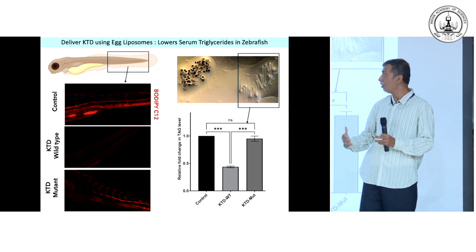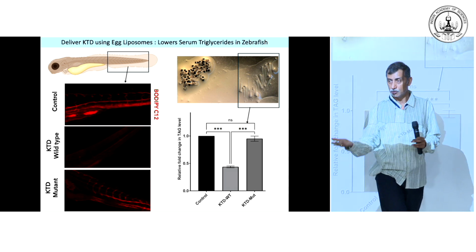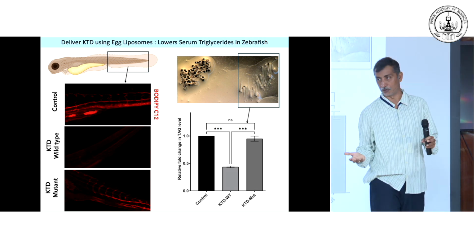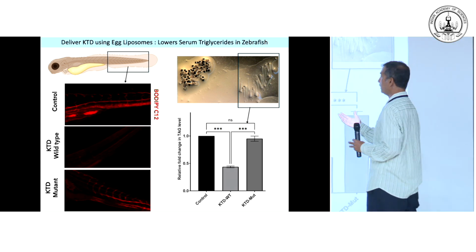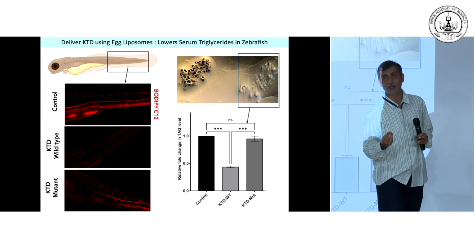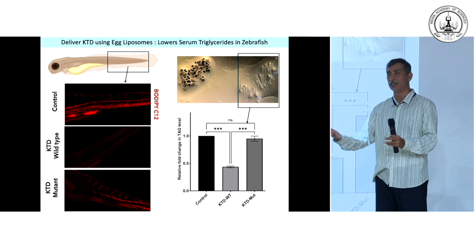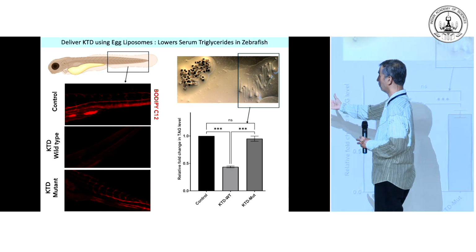Now when these larvae are swimming around in the water, we feed them the liposomes. The larvae will happily eat the liposomes, because it's energy for them and phospholipids, and in that process, the fatty acid, the fat that you have delivered to these larvae, also enters the body. This is a way of delivering this kinesin tail domain peptide.